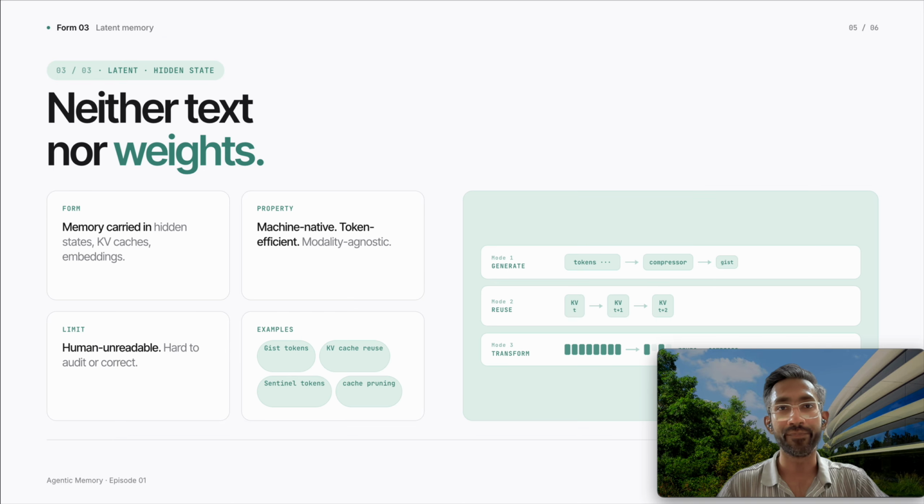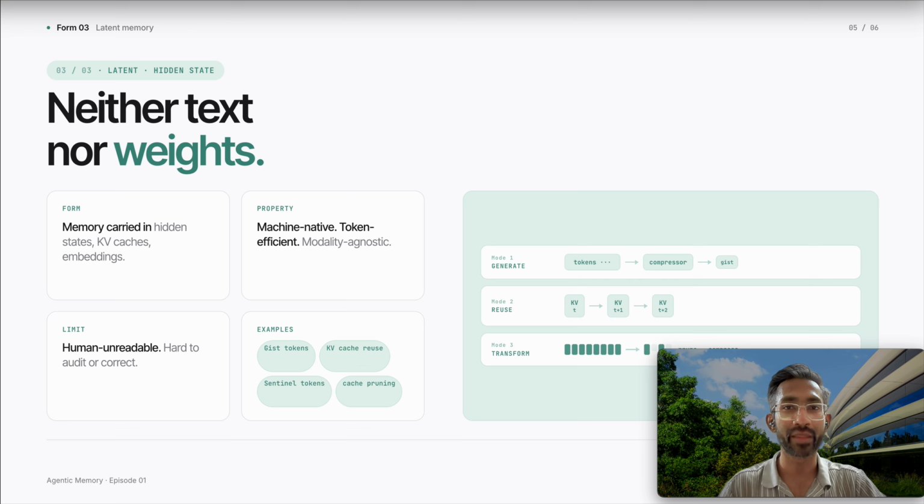The third form is the most technically interesting, latent memory. This is the memory carried in hidden states, the KV caches and embeddings. Not human readable text, not fixed model weights, something in between. Machine native representations that live inside the model's computation. The paper identifies three modes.